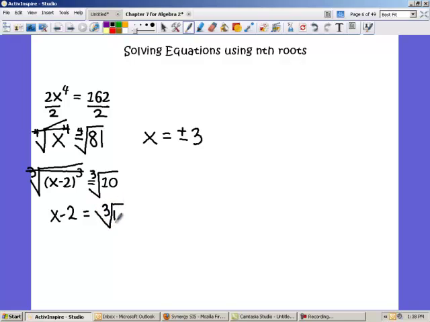Now, if you were to type in your calculator the third root of 10, you're going to get a long decimal. So for now, if you wanted to just leave it like third root of 10 without having to write all that decimal out, I would say this would be okay. And the last thing you want to do is add 2 to both sides. So x equals, this decimal really is what it is, plus 2.